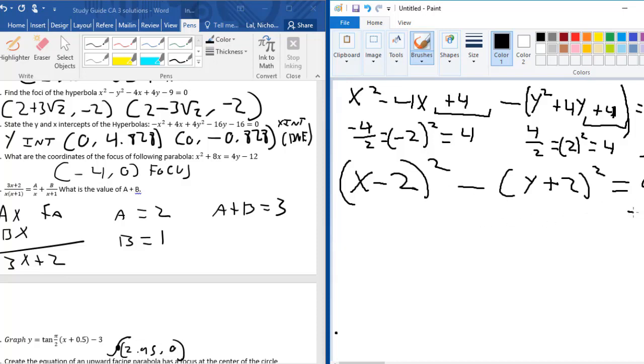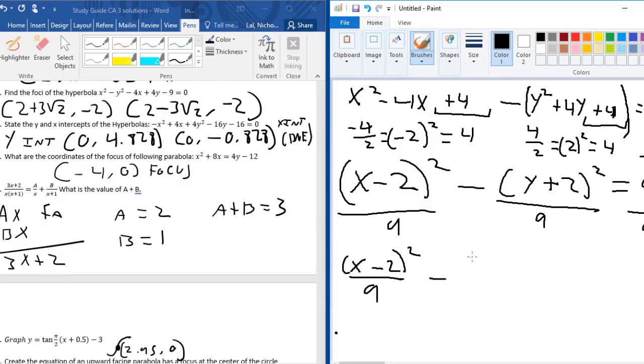So, I divide each side by 9 in order to make sure that this hyperbola is in standard form and equal to 1. So I will have x minus 2 squared over 9 minus y plus 2 squared over 9 is equal to 1.